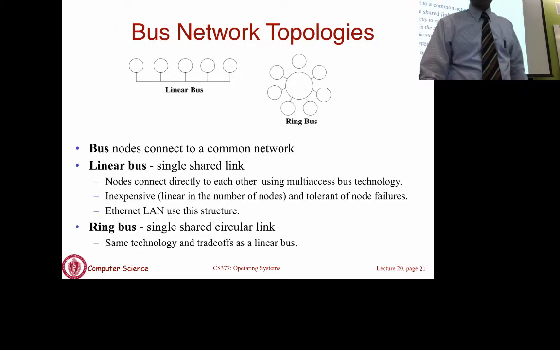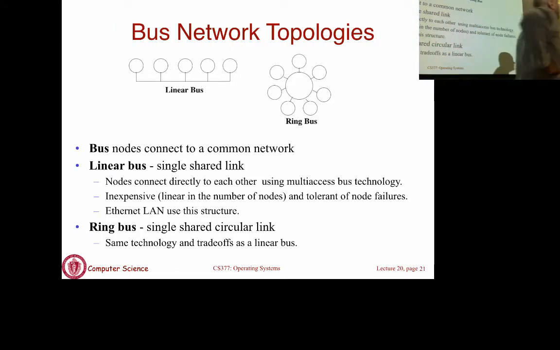Okay, so let me do this slide and then I'm going to stop here. This is a different kind of topology which is called a bus-based topology. In a bus-based topology, your network is a shared medium. All machines are connected to this shared medium, and what this means is because the medium is shared, only one machine can communicate at any given time.